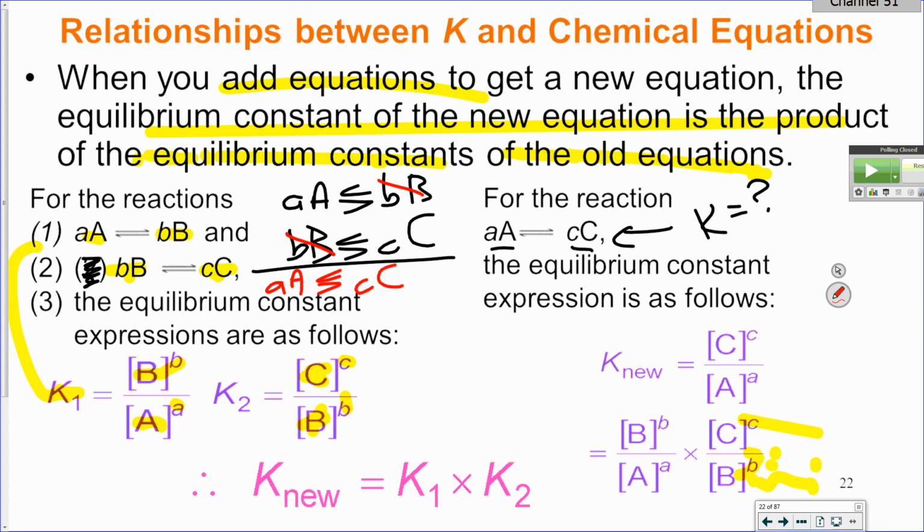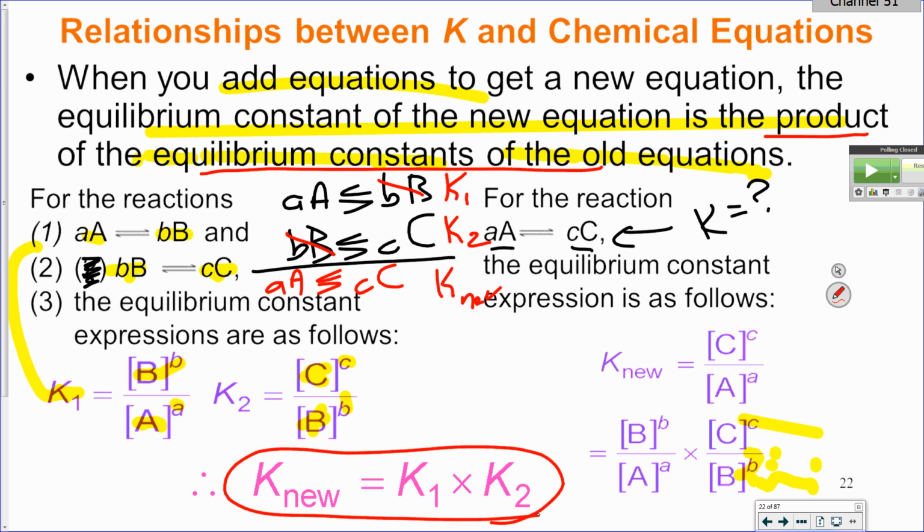So to find the new K value, I take the product of the old values of K. Where this was K1 and this was K2, capital K new is simply equal to K1 times K2. And that K new is equal to products over reactants for the new system. The products are C to the C power.